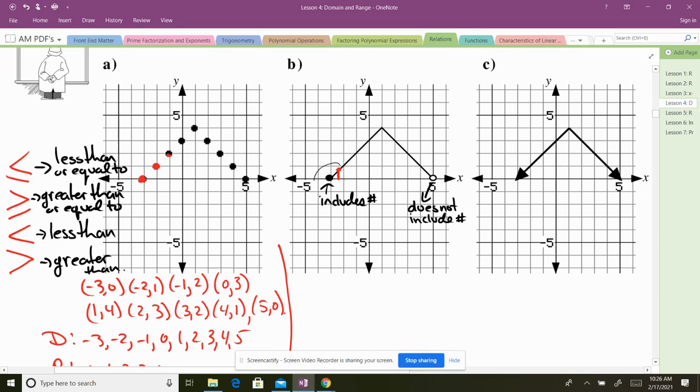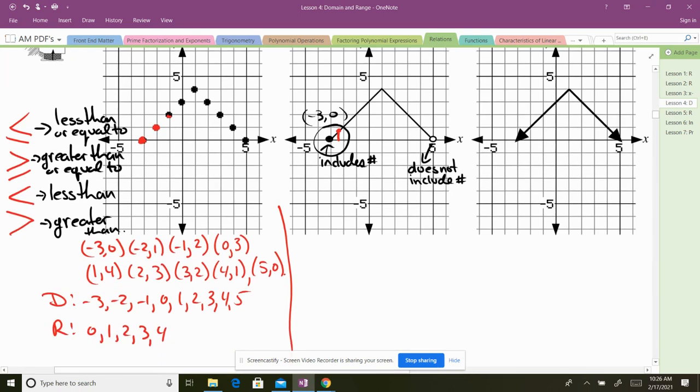This point right here. That point exists. Open circle means that point does not exist. The line goes right up to it, never actually touches that point. It stops just before that point. Okay? So, because we have a solid line, it's every point in between those.